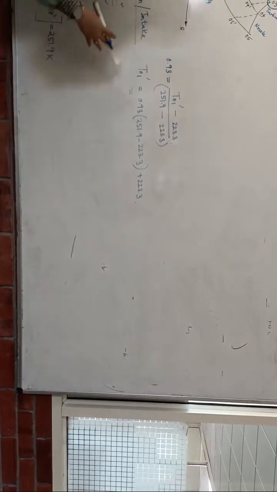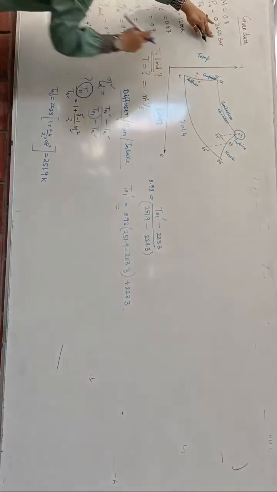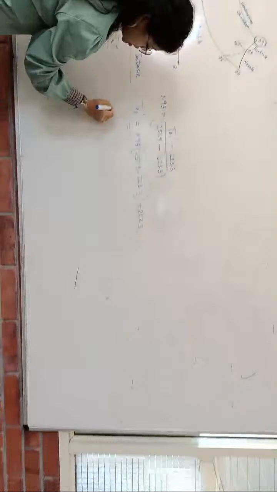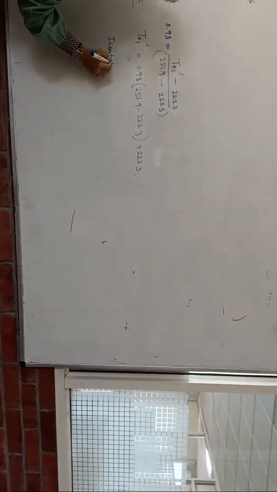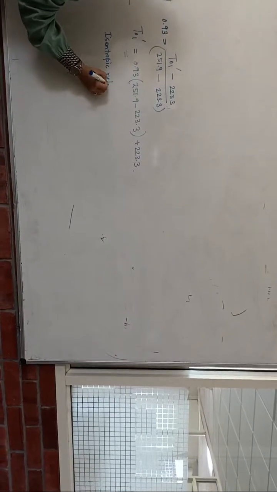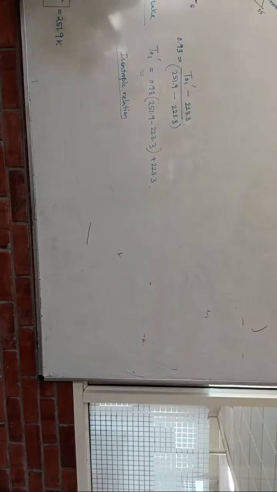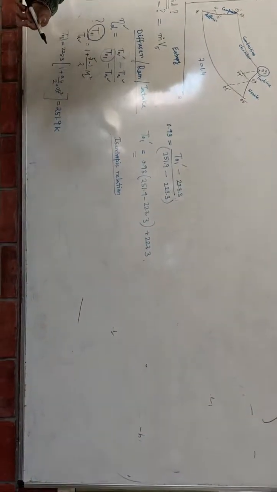Now, how can we find pressure? Inlet pressure is given, but P01 is not given. So I will use an isentropic relation. Many of you have heard this relation. It is a very simple relation between the ratios of temperature and the ratios of pressure.